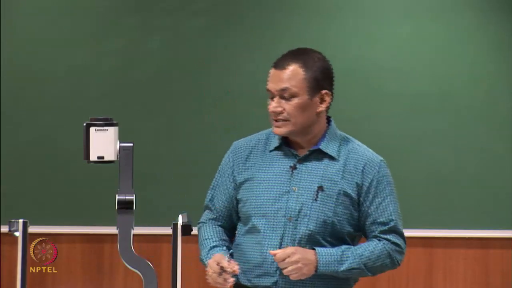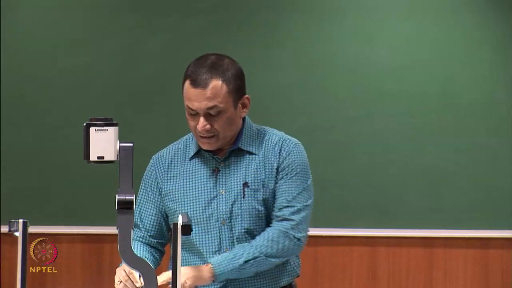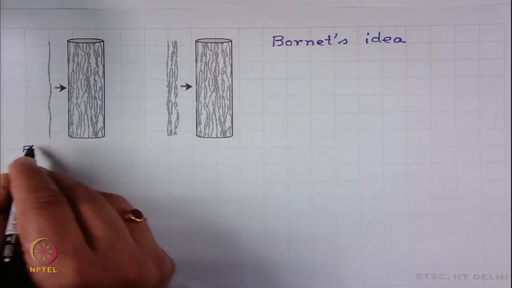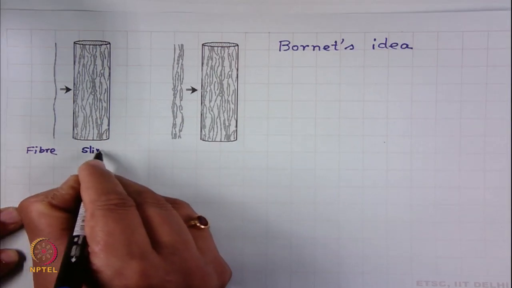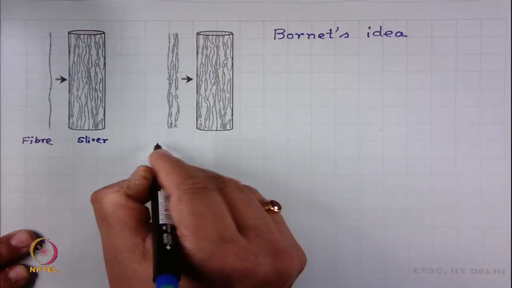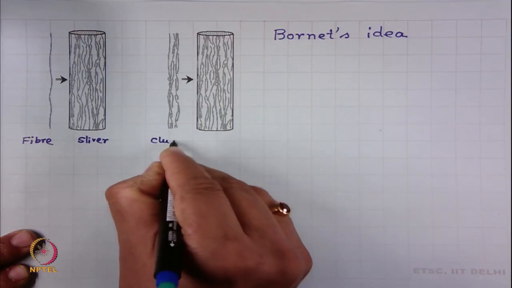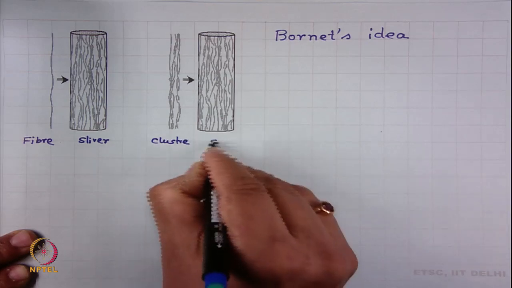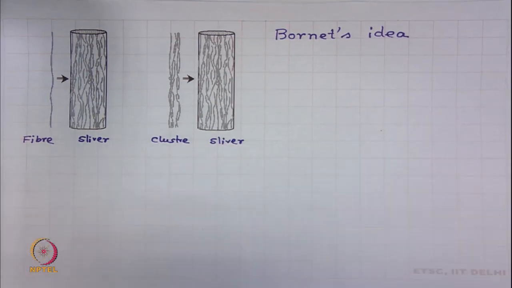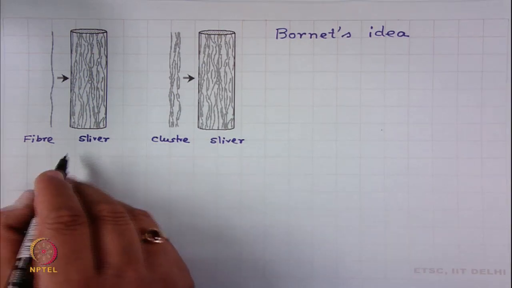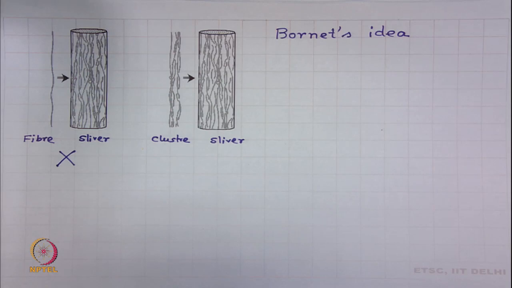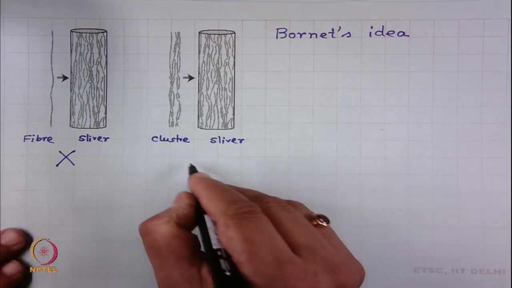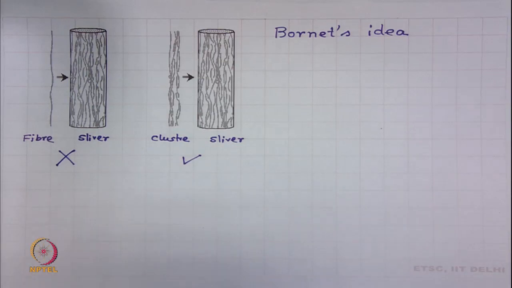What you see in this image is Martindale's model, one fiber and then sliver. Here it is cluster and then sliver. Burnett thought the first is not correct.